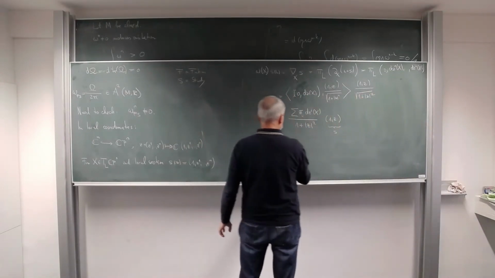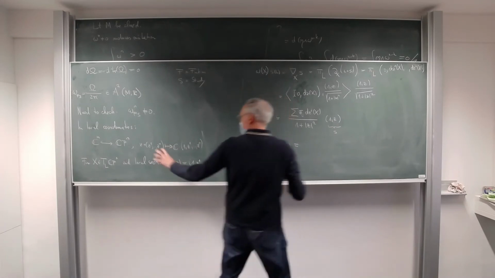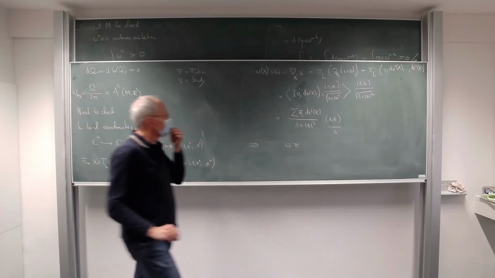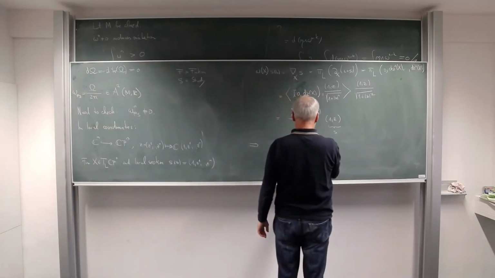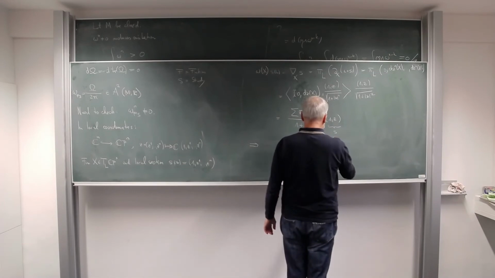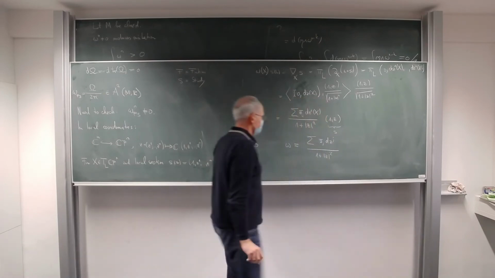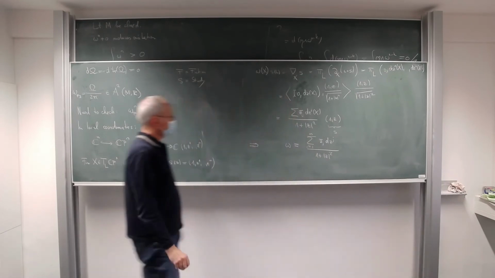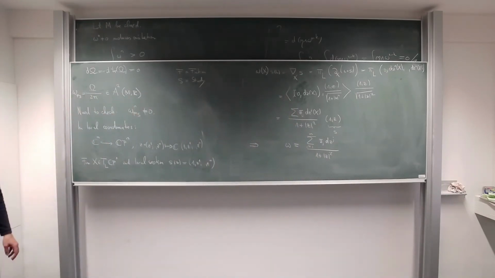So therefore, my connection one-form with respect to this local trivialization is given by the sum of z_j bar dz_j divided by 1 plus |z|^2, where j is summed from 1 to n. So that's my connection one-form.